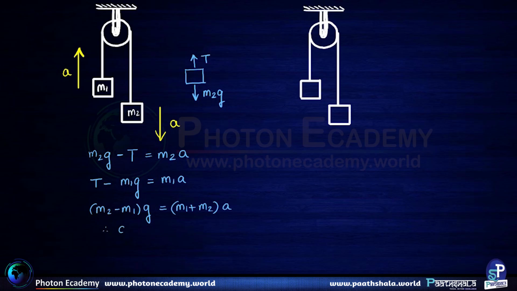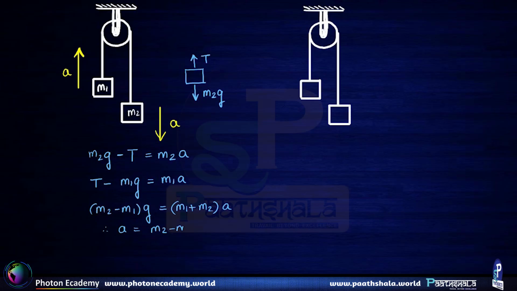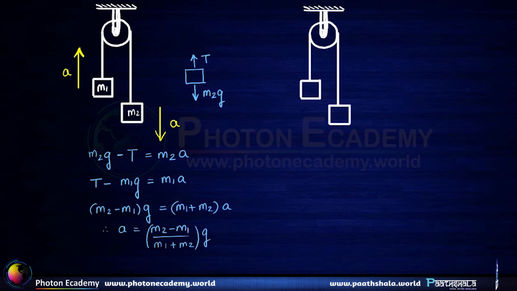Therefore, the acceleration is obtained to be (m2 minus m1) upon (m1 plus m2) into g. So this is the first method wherein we exploited the fact that we know the relationship between the two accelerations of the mass m1 and the mass m2.